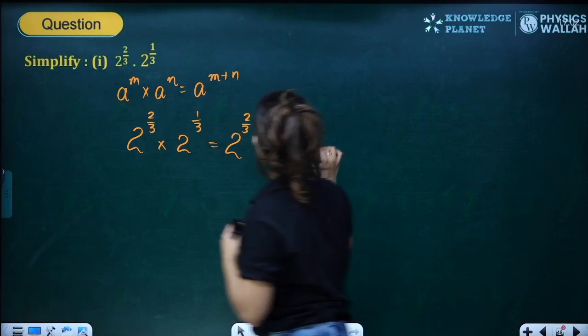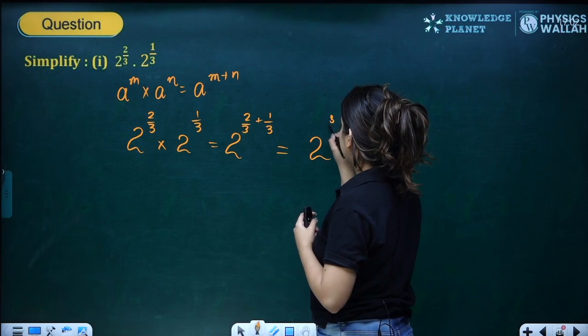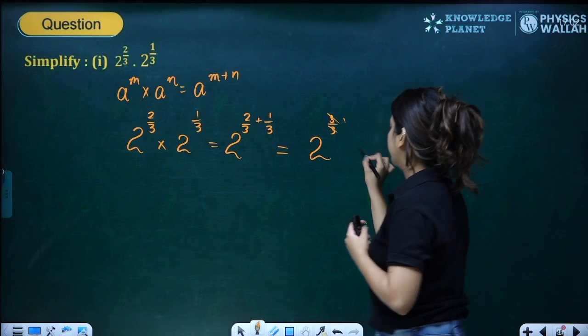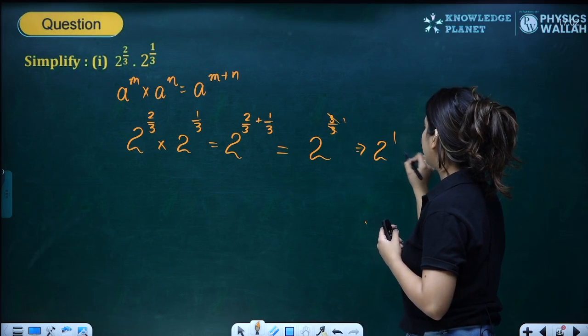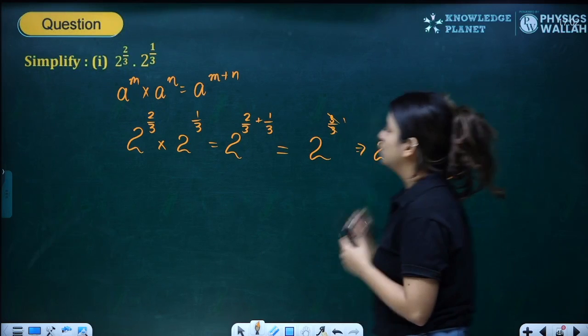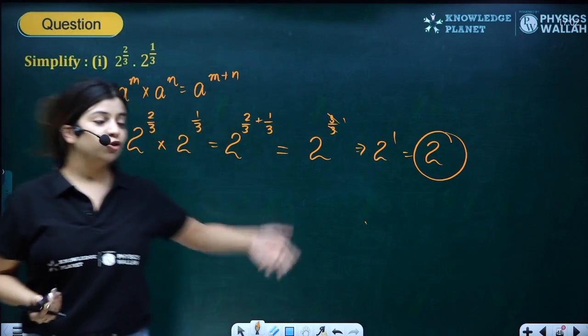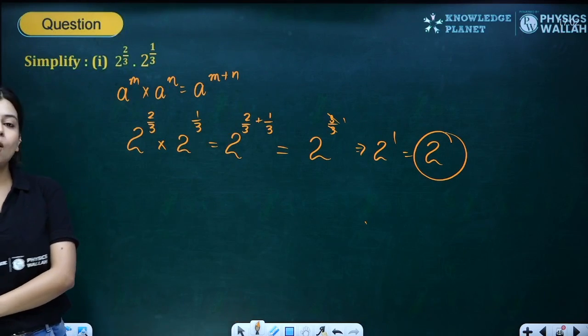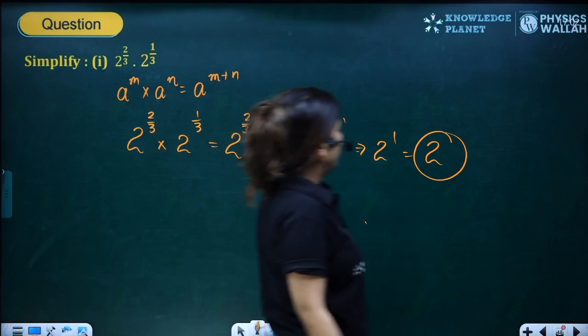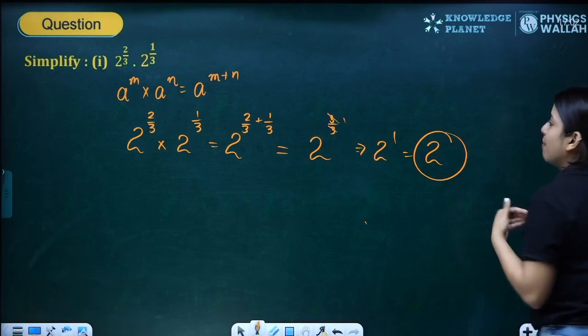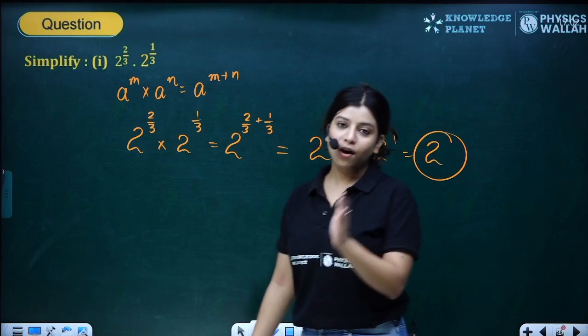That will give us what? 2 to the power 3 by 3, that is 1. This is equal to 2 to the power 1, which is equal to 2 itself. So this is how we can solve any operations, right? Any expression that we have by our laws of exponents.